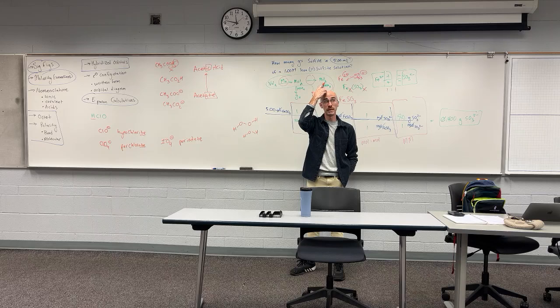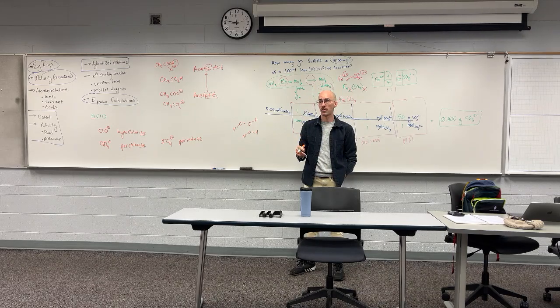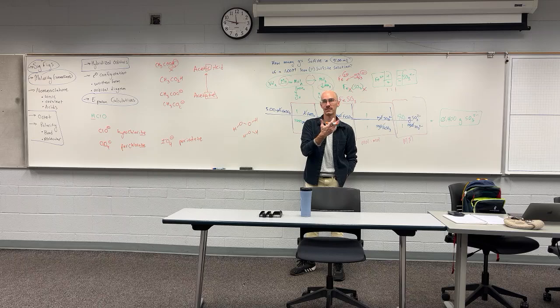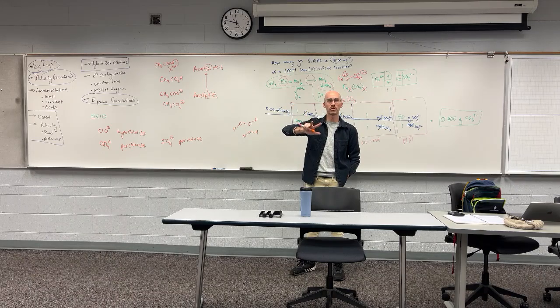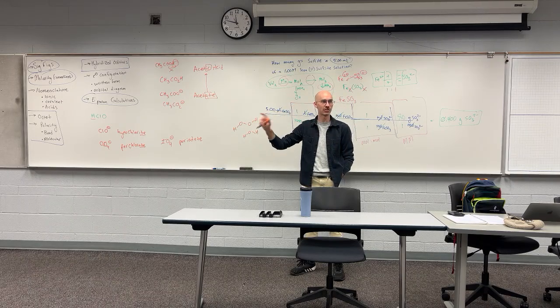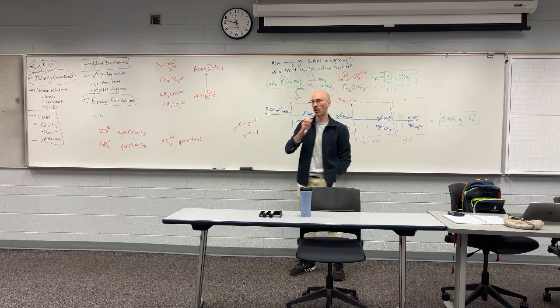And if it was BrO4 minus? Perbromate. Exactly. So with chlorine, bromine, and iodine, you should be able to recognize the naming pattern. You just swap out the front part.